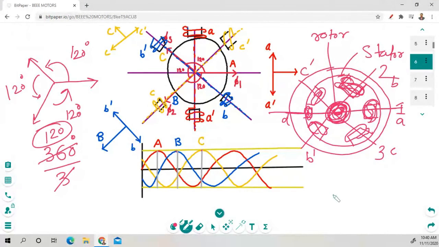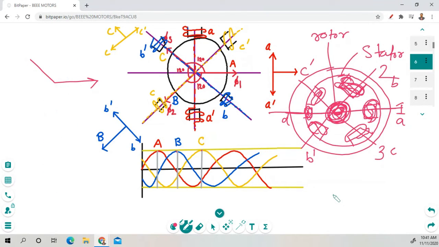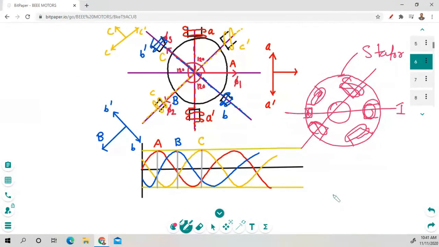So Yamini is asking question, what is the difference? How did we change the direction? So Yamini is asking how we can change the direction of this motor.